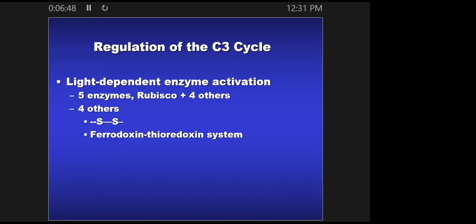In the presence of light, those sulfur bonds get broken, and that is the stimulus to get that enzyme active. So with the S to S bond, they're inactive. When light kicks into the system, they call it the ferredoxin thioredoxin system. Nice big mouthful. Ferredoxin thioredoxin system.